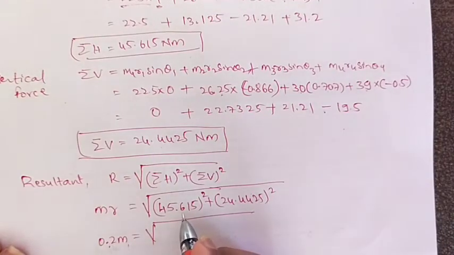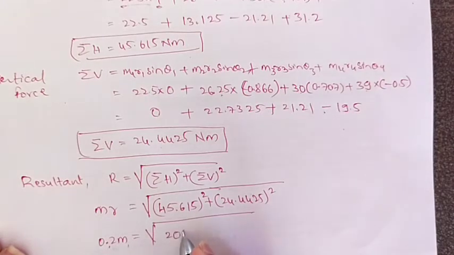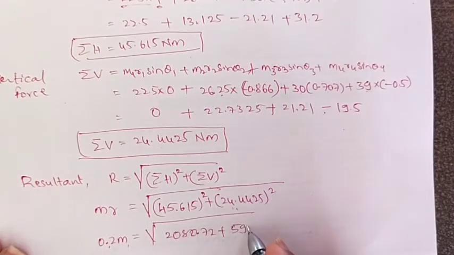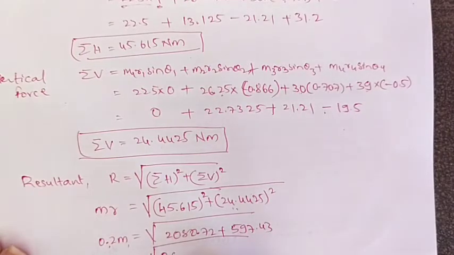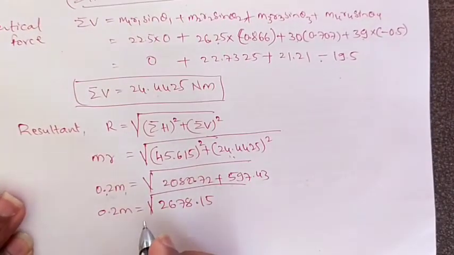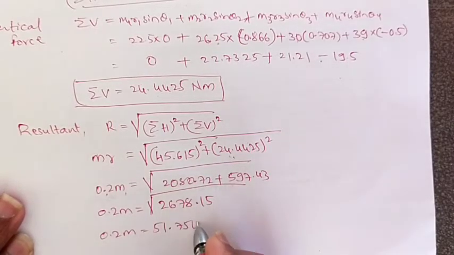So 45.61 square will be 2080.72 plus 24 square, which will be 597.43. When you add these values, you will get 22,678.15. Now you take the square root. 0.2 m is equal to, when you take the square root, 51.750.